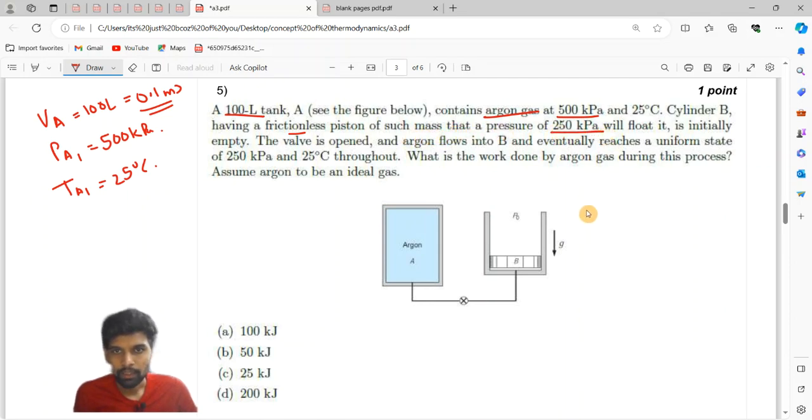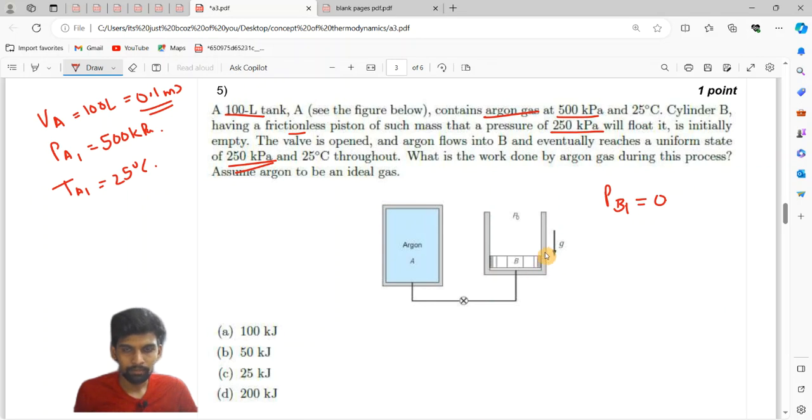Cylinder B has a frictionless piston of such a mass that a pressure of 250 kPa will float it. So initially the pressure in tank B at state 1 is 0. Once it floats, only a pressure of 250 kPa is required to float it. So what we can conclude is that once it floats, this much pressure is sufficient to float it.